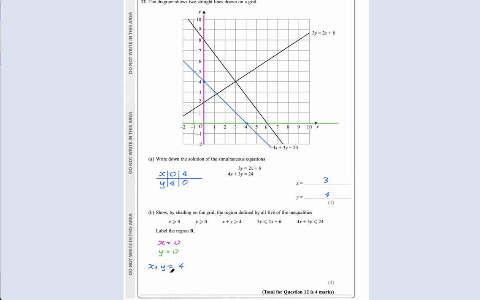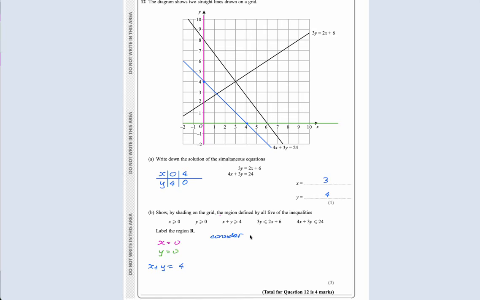This one is slightly more tricky. It says x plus y has to be greater or equal to 4. Now, the way I like to do these, guys, because they still confuse me from time to time, is you pick a point. And the best point to pick is 0, 0.